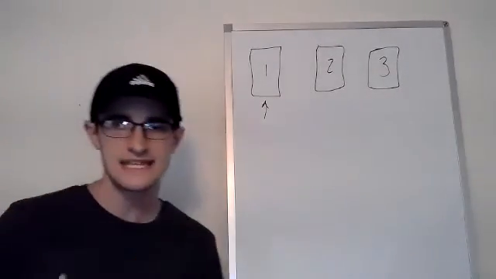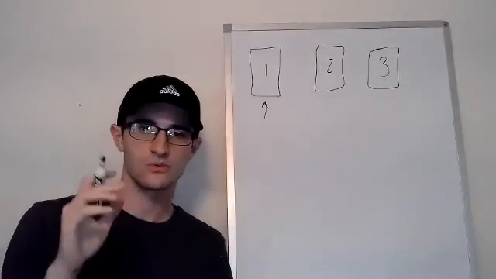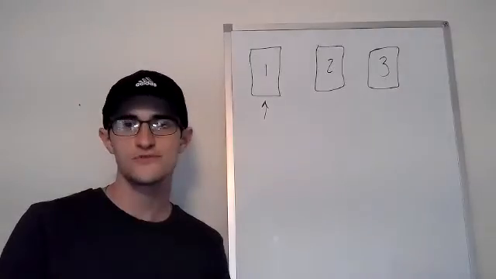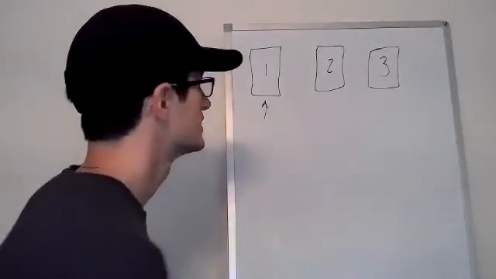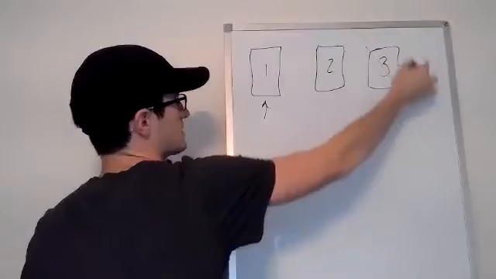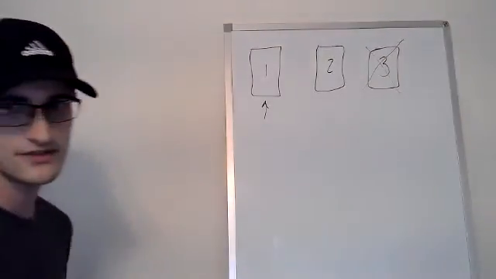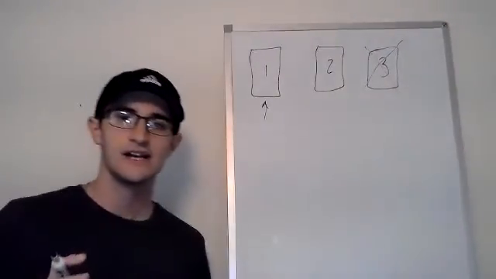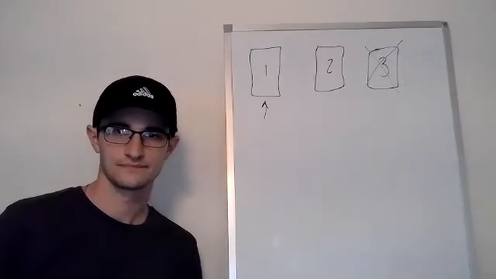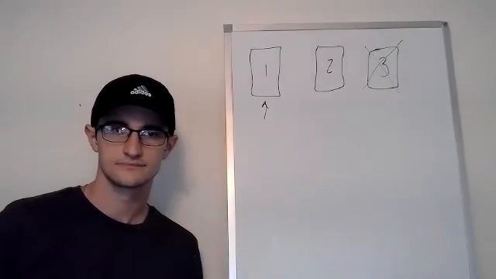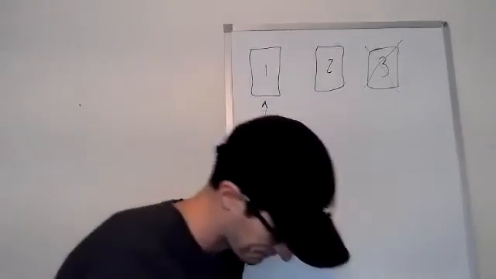Now I want to make it easier on you by telling you which of the other 2 doors doesn't have the prize, $1 million. So I'm going to say door 3 doesn't have the $1 million. So that means now the $1 million is either in door 1 or door 2. Which door do you pick?